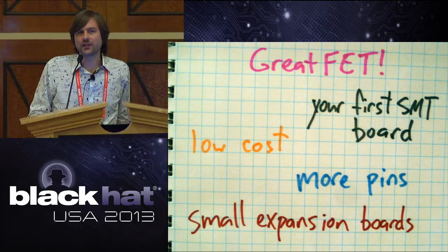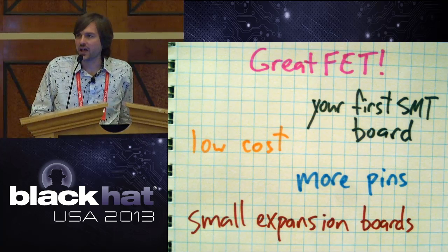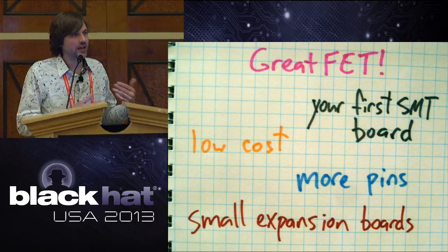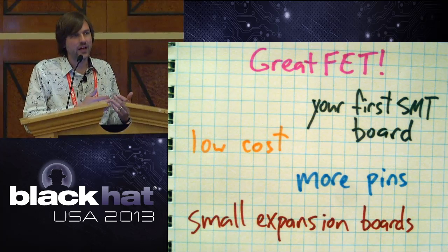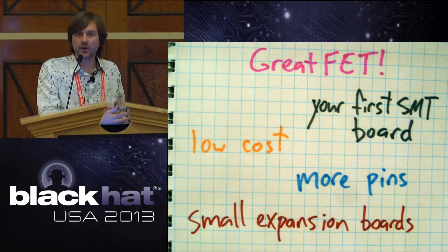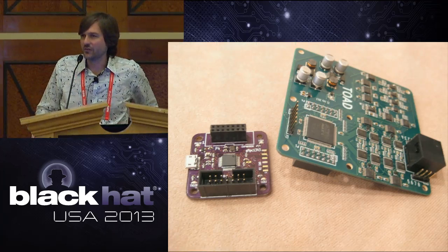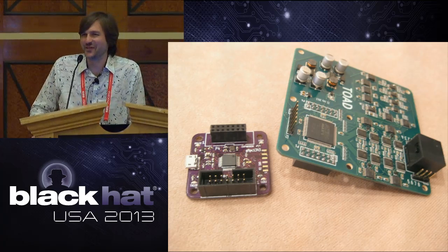I decided to make a small expansion board that would be an add-on for the GreatFET for this project, something that would connect between the GreatFET and the phone or the tablet we're connecting to. So this is the small expansion board next to the GreatFET.